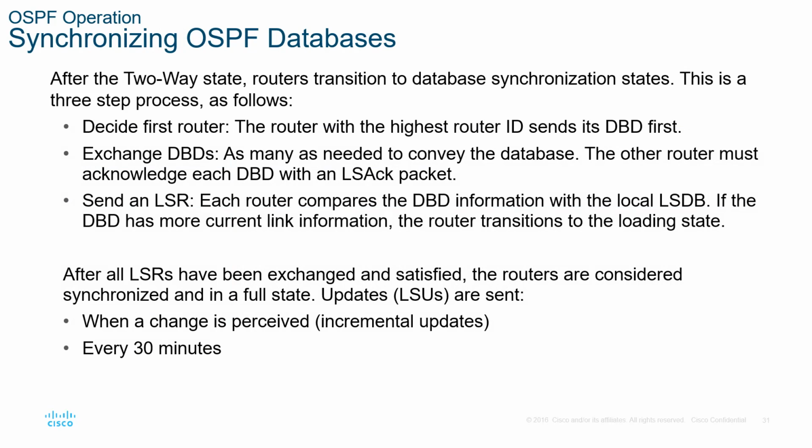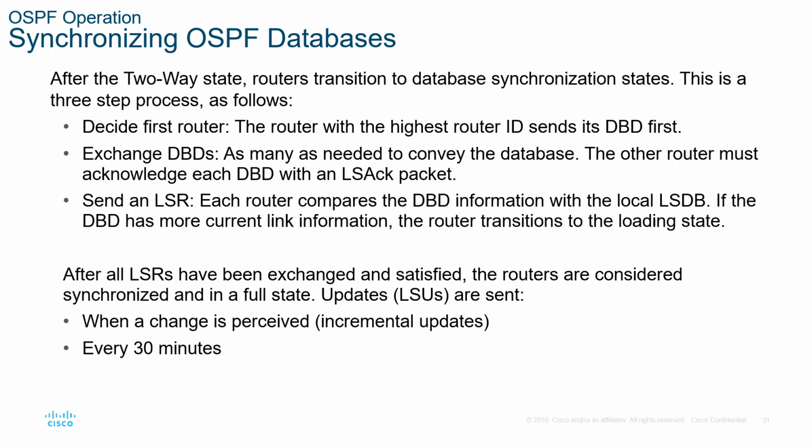After the two-way state is enabled, the router will transition to a database synchronization state. Basically, this is where there are 3 steps that will occur to actually transition and sync database information. First, the router with the highest router ID, whatever the master router is, will send the database descriptors (DBDs) first.